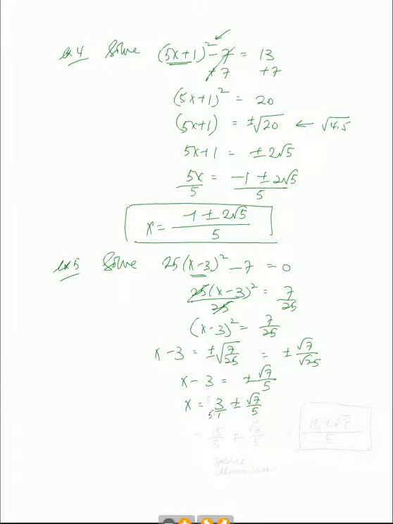Right now 3 is really 3 over 1. So I'm going to multiply by 5 top and bottom, making it 15 over 5 plus or minus root 7 over 5. So if you look at these two now, they have the same denominator. Once the denominators are the same, you can write it one time and put both pieces in the numerator, and then you're done.